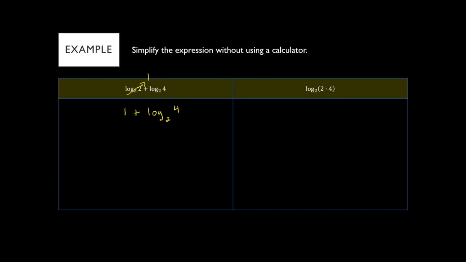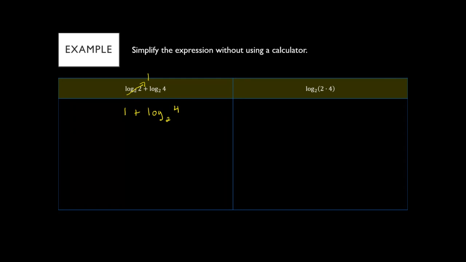So we know that the base of the log is 2, so we want to rewrite 4 as an exponential expression where the base matches the base of the log.